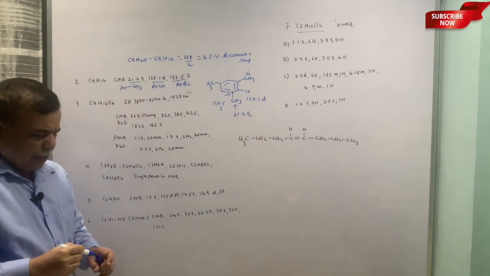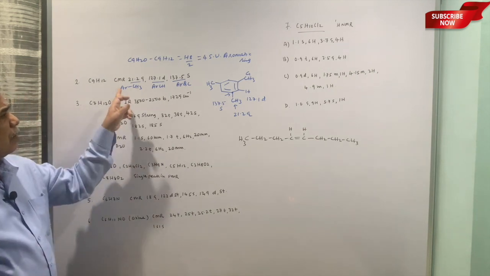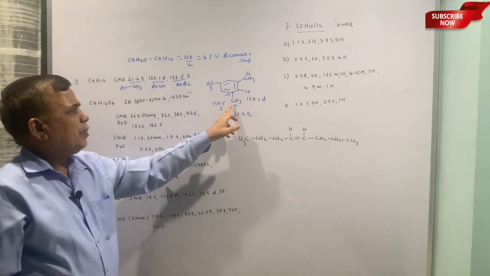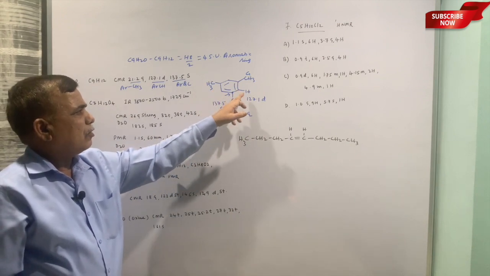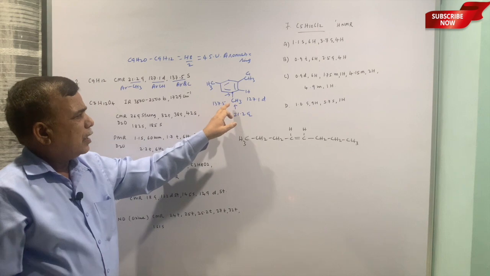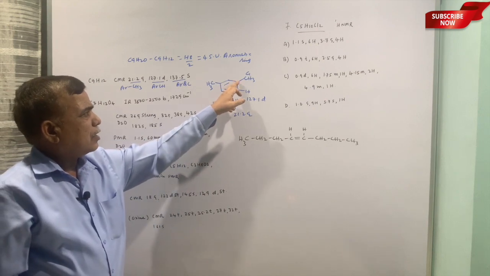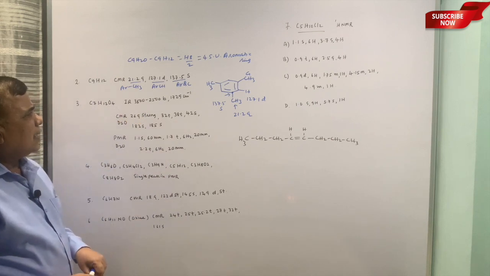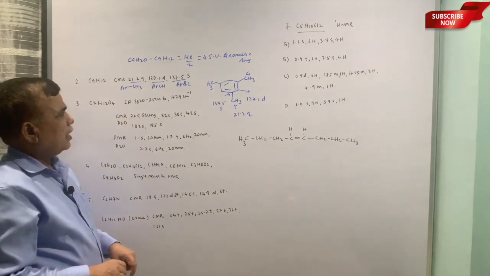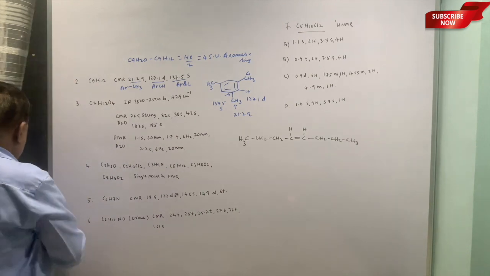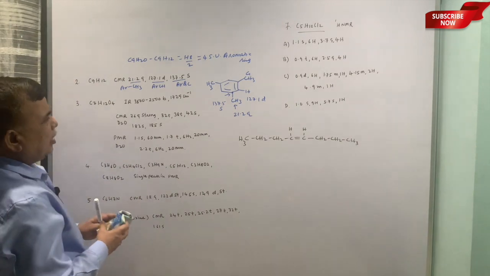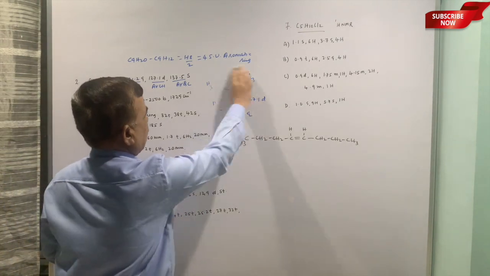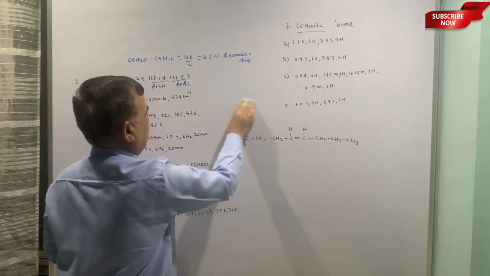So it is a mesitylene compound, only 3 sets, because all methyls are chemically equivalent and all these CH are chemically equivalent and these are also equivalent. That is why we get only 3 signals instead of 9. So 3 methyls are equivalent, 3 CH are equivalent, 3 quaternary carbons are equivalent. So that is how the structure would be.